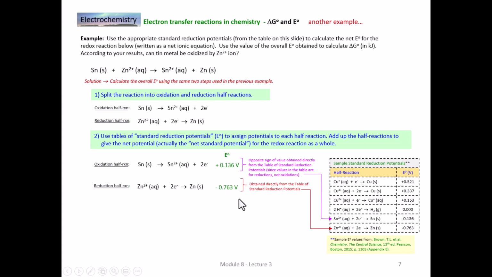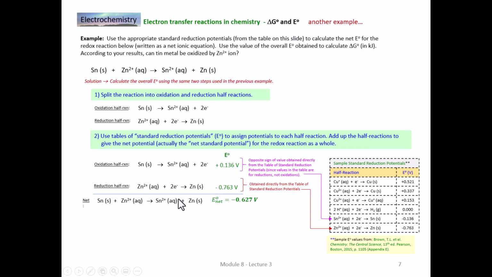So the net overall redox reaction, of course, is written here. If we add up the potentials, we get a net overall potential of negative 0.627 volts, which means, of course, since this is negative, that we're predicting that this reaction, as written from left to right, is not spontaneous.